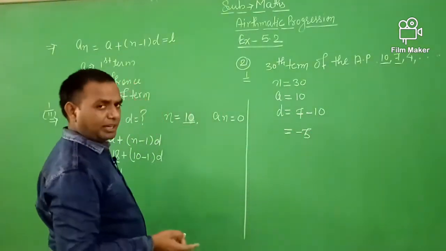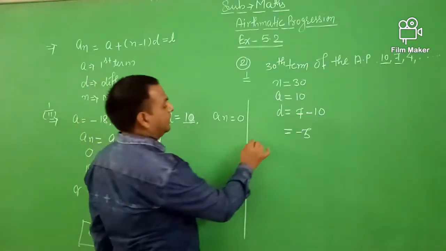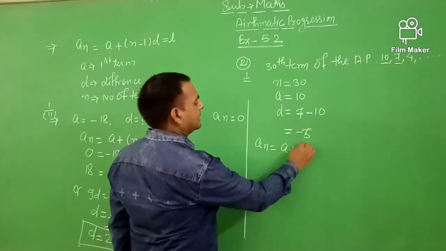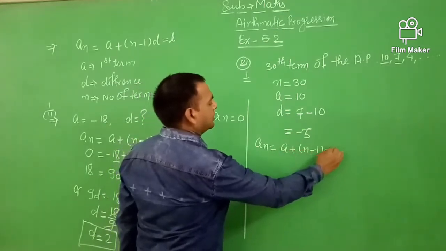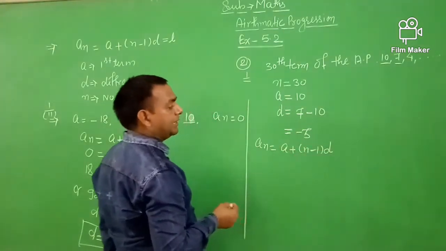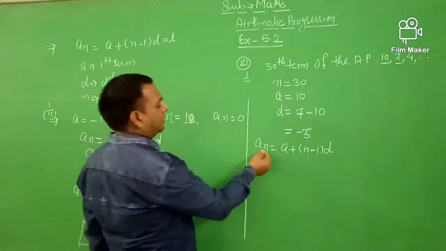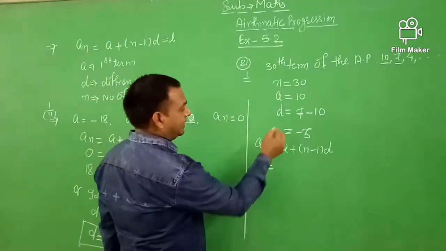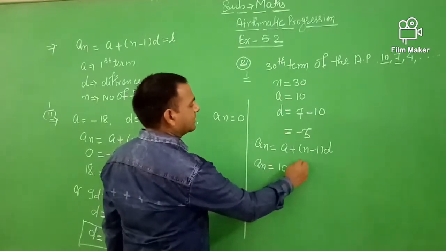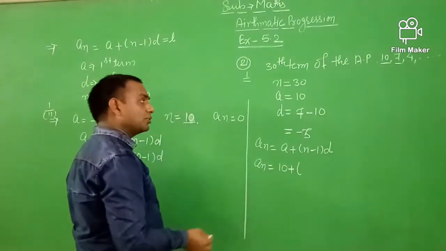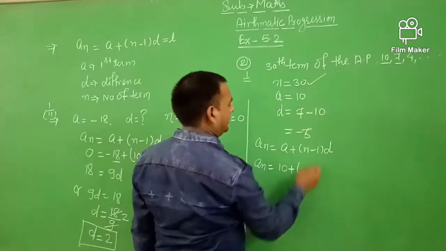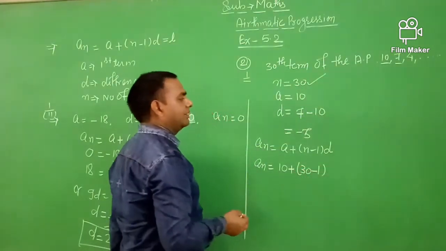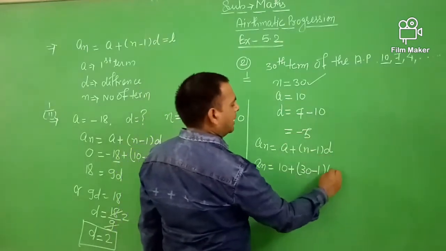After that you apply the formula an is equal to a plus n minus 1 into d. Here the value of an is not given, so you find an. a is equal to 10, n is equal to 30, so 30 minus 1, and d is equal to minus 3.